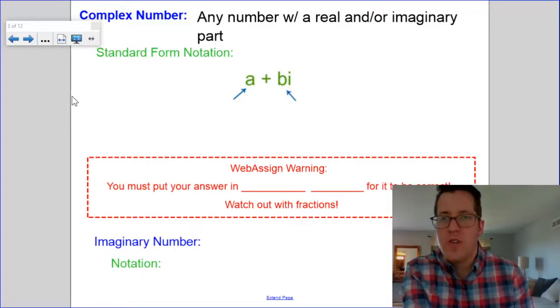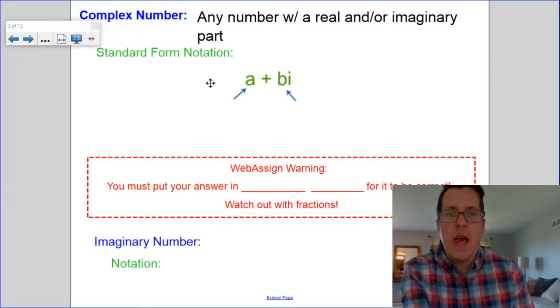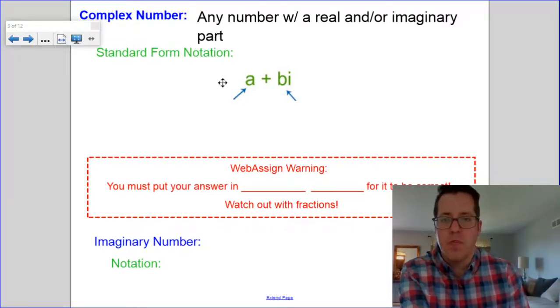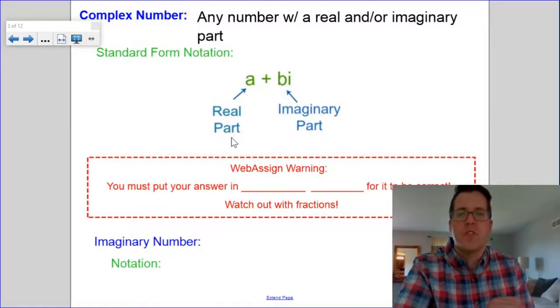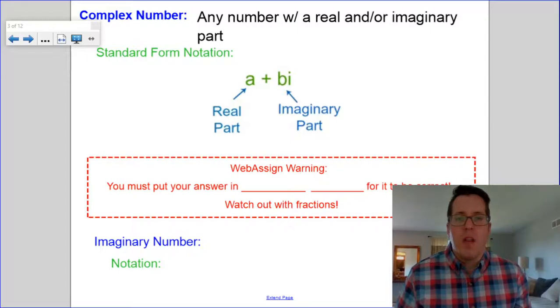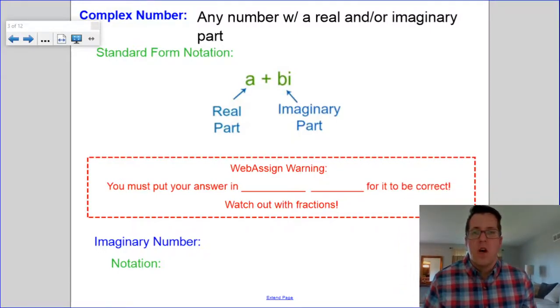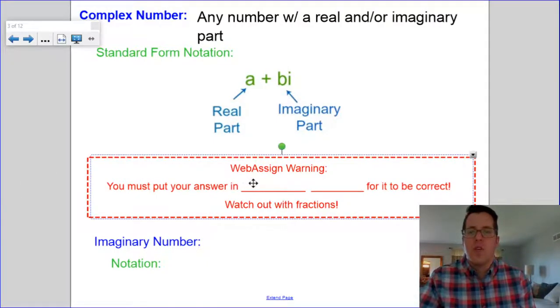So our definition for a complex number is any number with a real and/or imaginary part. Our standard form notation is to write the real part first and to write the imaginary part second. If you are using a program like WebAssign, you will need to remember to put your answer into standard form in order for it to be correct.